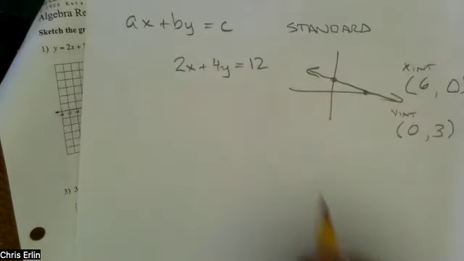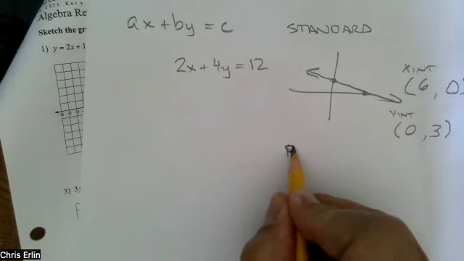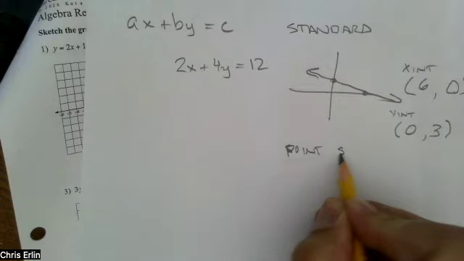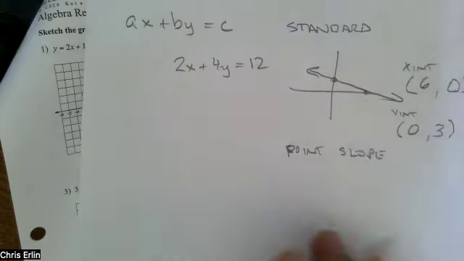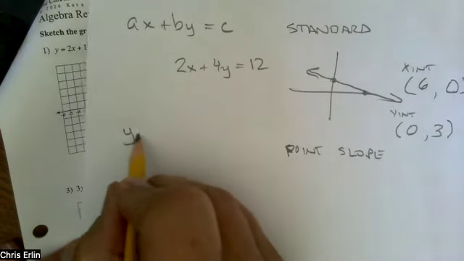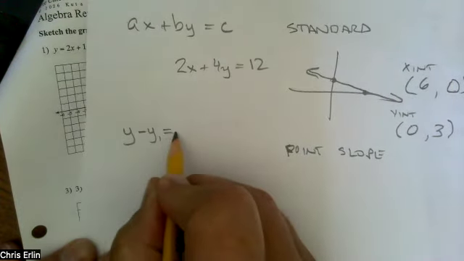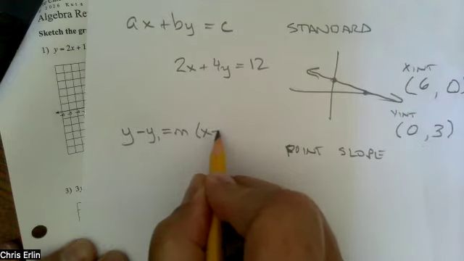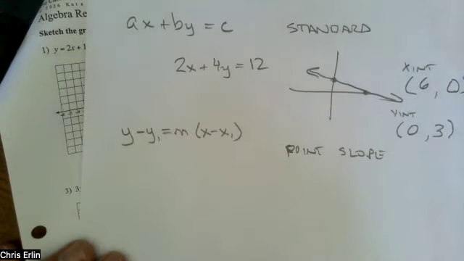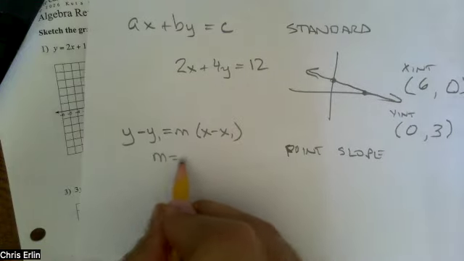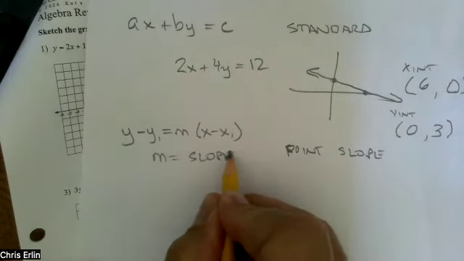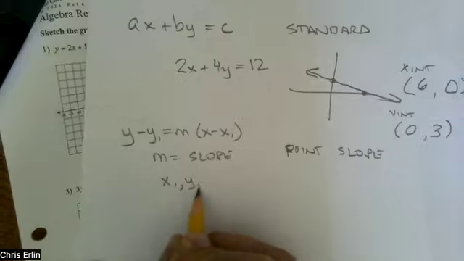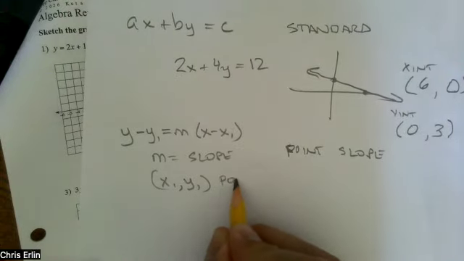The third and final form of a linear equation is what's called the point slope. And the structure of that is y minus y1 equals m times x minus x1, where m is the slope and x1 comma y1 is some point.